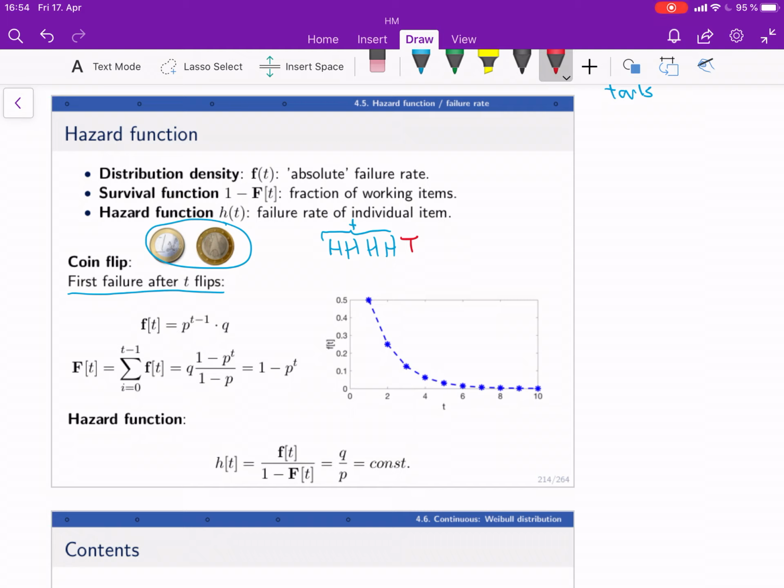So the probability for this to happen is P, the probability for seeing heads, to the T minus 1, times the probability for tails, which is Q, 1 minus P. This is my density, and I can draw that.